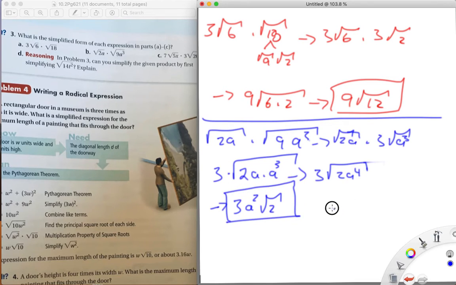So remember that a to the 4 square root is the same thing as saying a to the 4 to the 1/2. So I can divide it by 2 and turn that to a squared. So that's where the a squared came from.